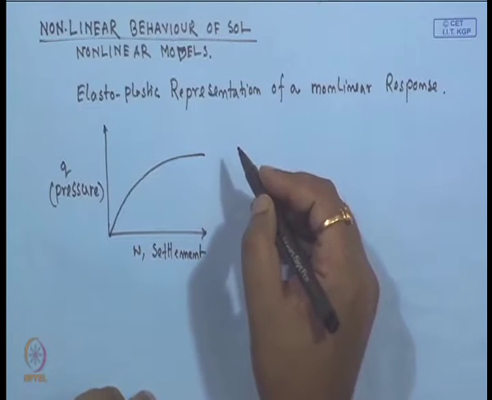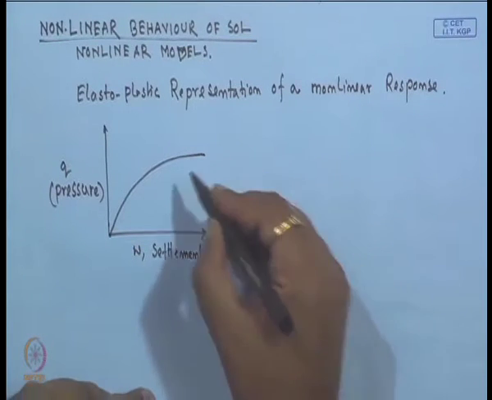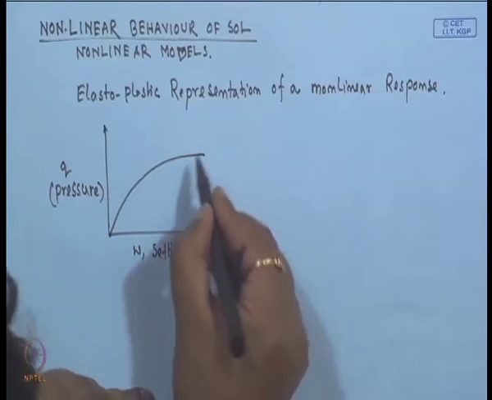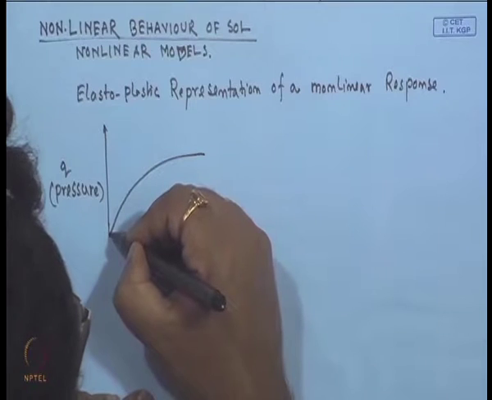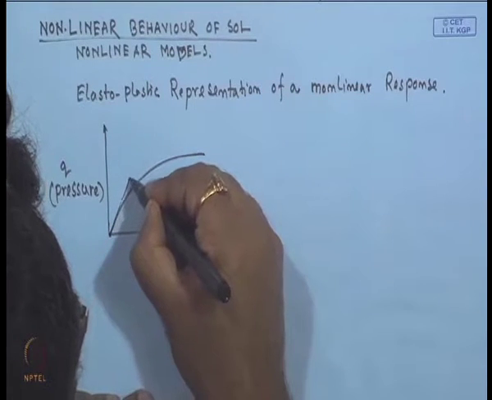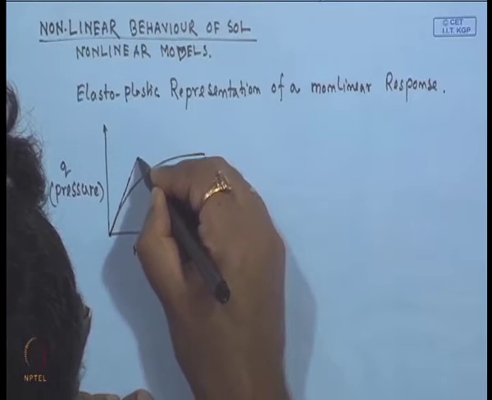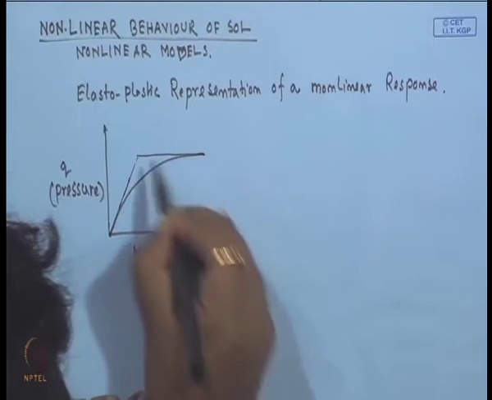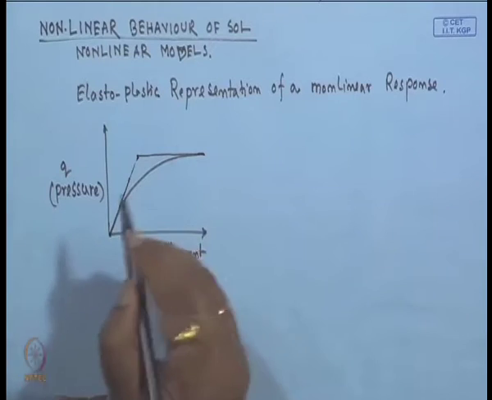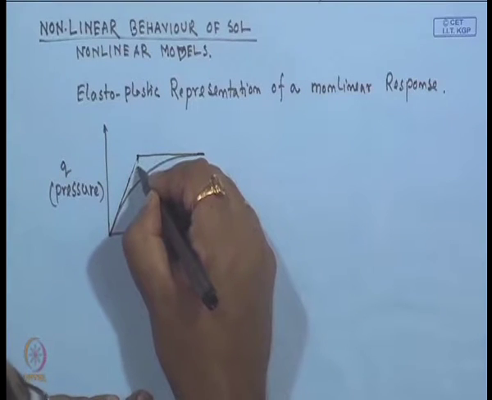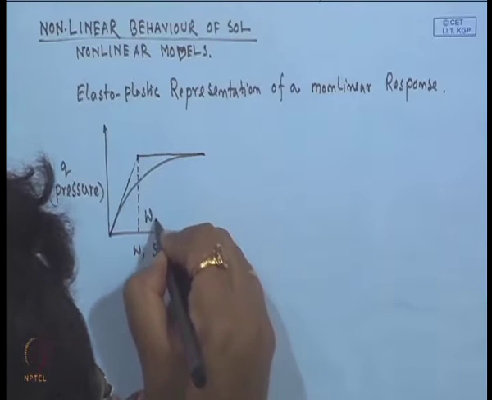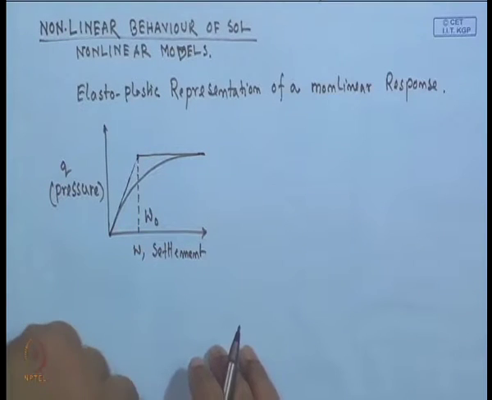So, now here we will get an elastic and elastoplastic response. Then if I draw a tangent here, on the initial part, and then another on the final part, that is the intersection point, and here we will get, say, the settlement W 0.